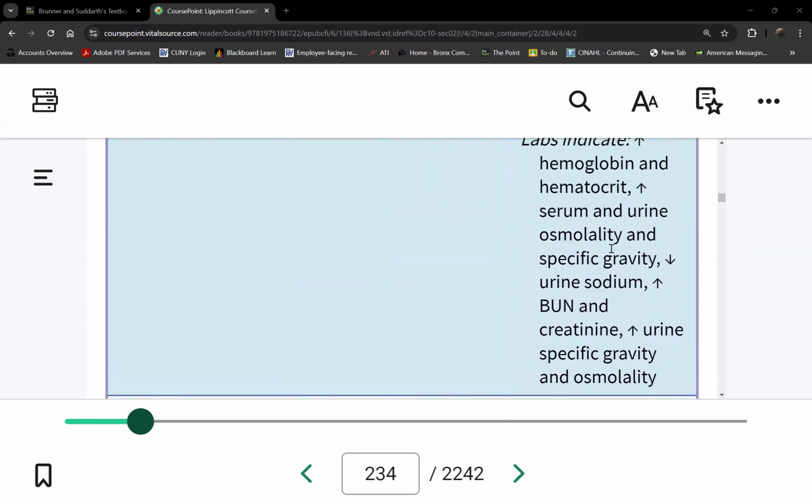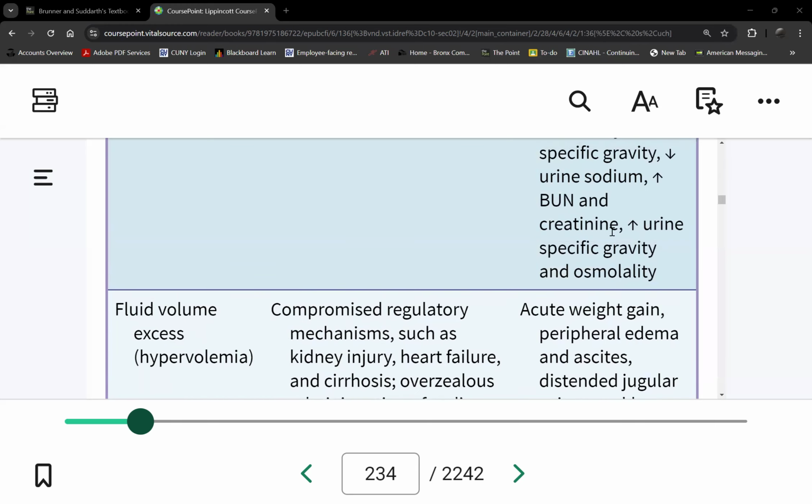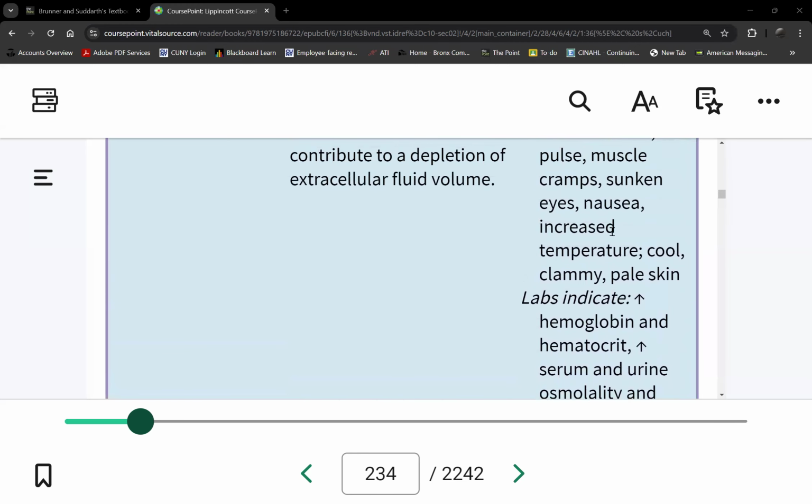Select all that apply type questions. You can also do bow tie. Okay, you've seen bow ties, right? And also drag and drop questions. The bow tie is 3 columns. If it's a bow tie question, it'll give you a scenario.